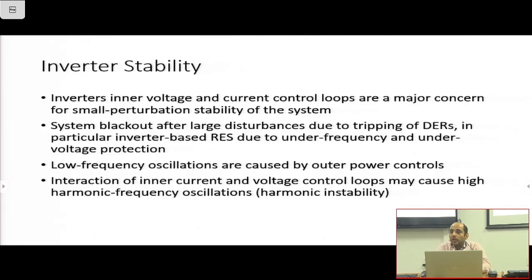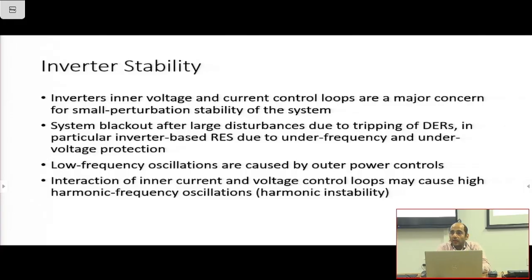Or what if there is a large disturbance in the system and your control is not good enough and it leads to over voltage, under voltage, over frequency, under frequency, things like that. Now what happens if such a situation arises? Your protection system will kick in, and the protection system will lead to tripping. Let's say a DER trips, and it will lead to, again, something like a blackout. So it's the instability problem.